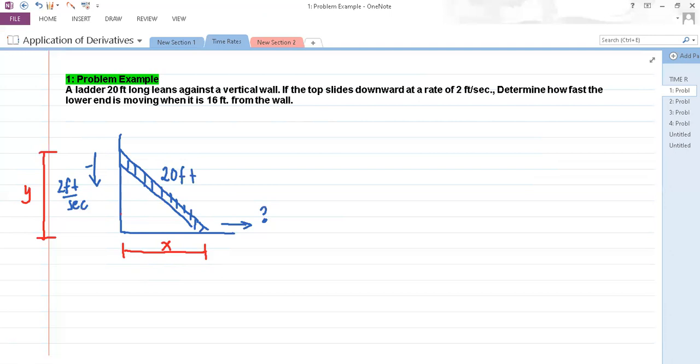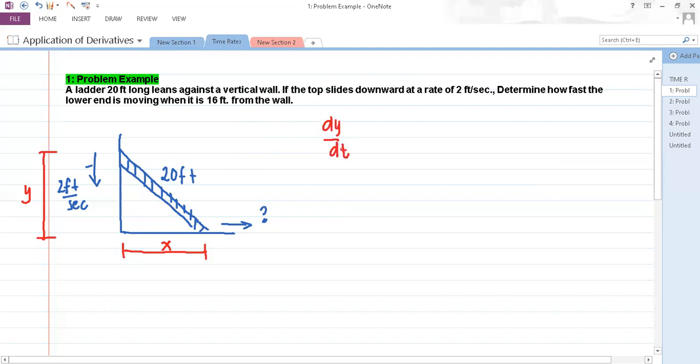So for the second step, we have now to determine the given variables and the required variables. For this problem, we have here y. The rate dy with respect to time is given, which is equal to 2 feet per second.